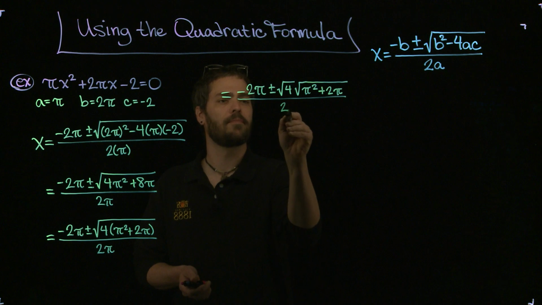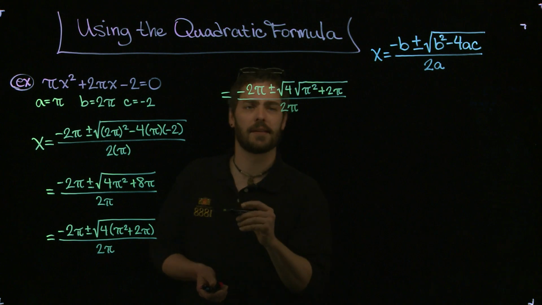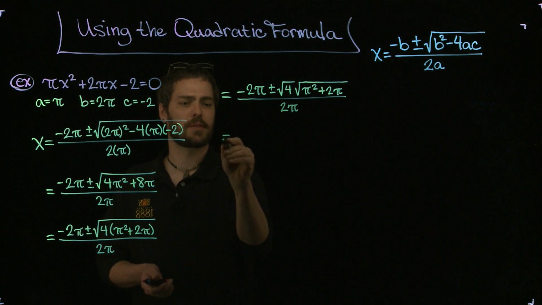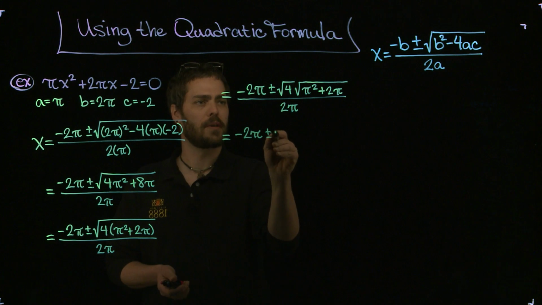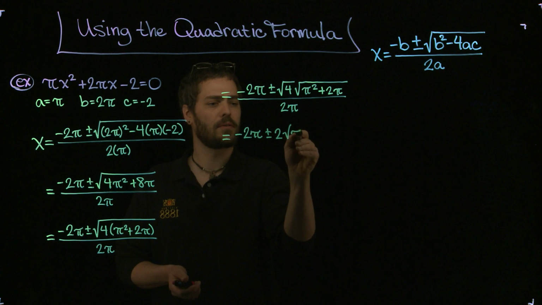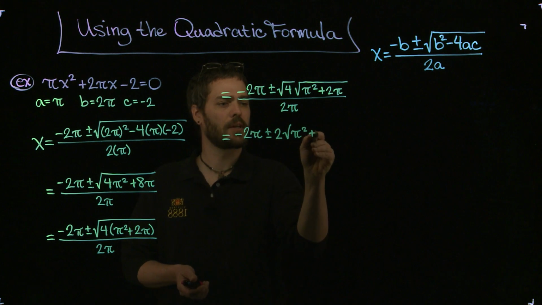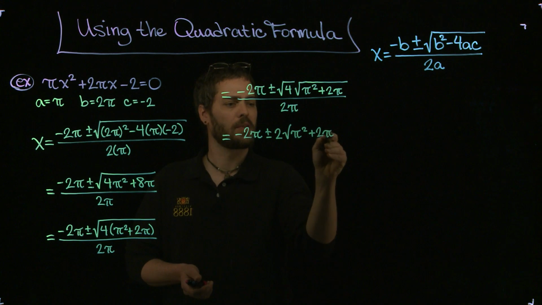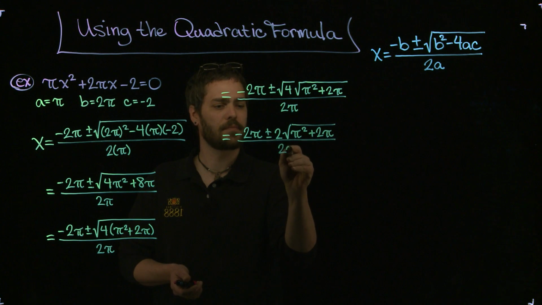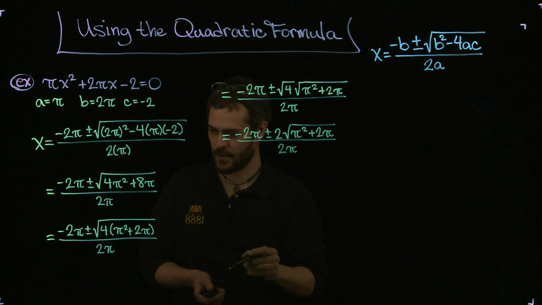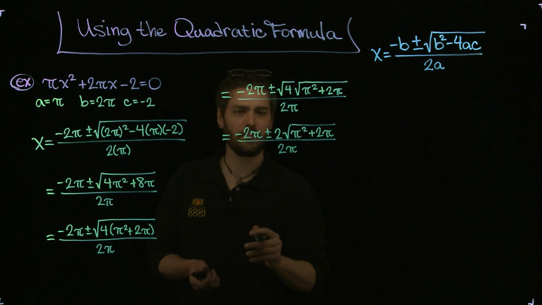Okay, all over 2 pi. Let us continue. The root of 4 is 2, so this comes out as -2 pi plus or minus 2 root pi squared plus 2 pi, and all of that is over 2 pi. Oh, I love this. Lots of pi going on here.